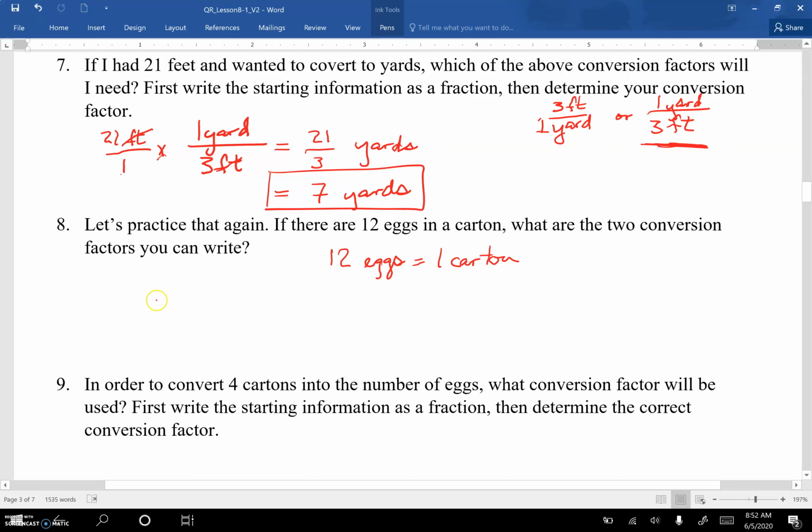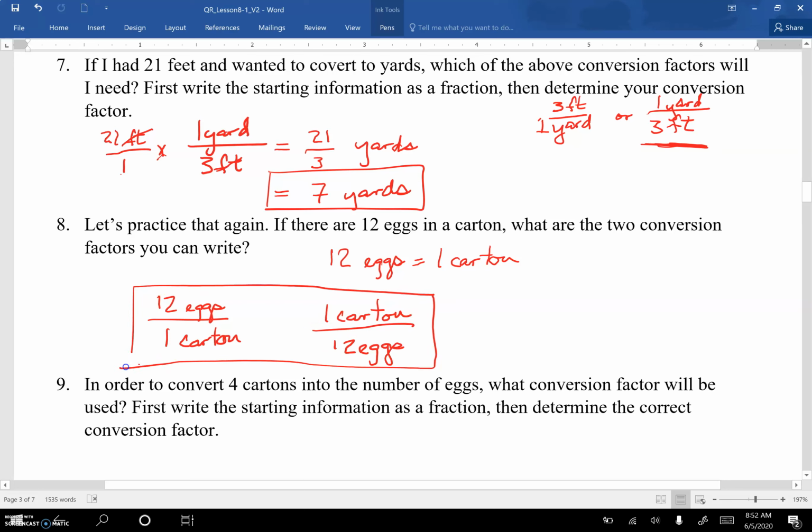So I can either write this as 12 eggs over 1 carton, or I can write this with the carton on top, 1 carton over 12 eggs. So those are my two conversion factors I can write from that information.